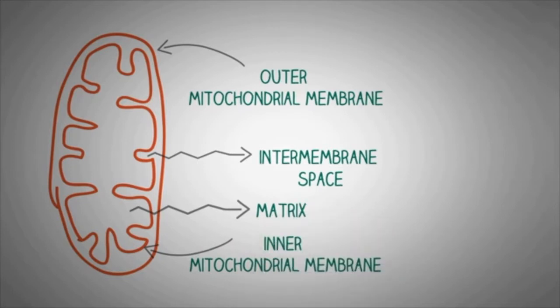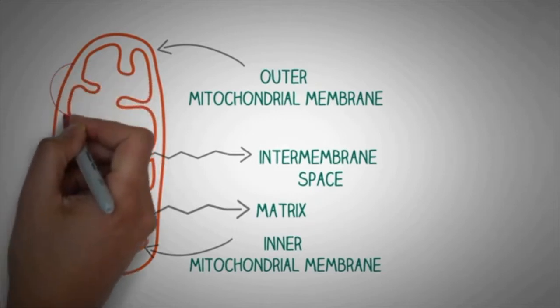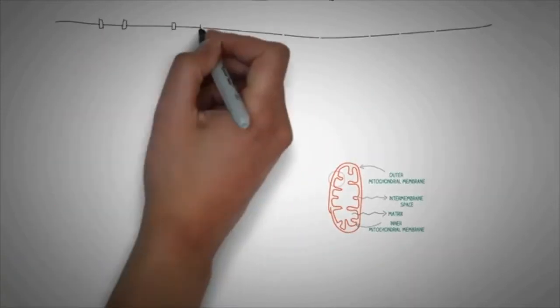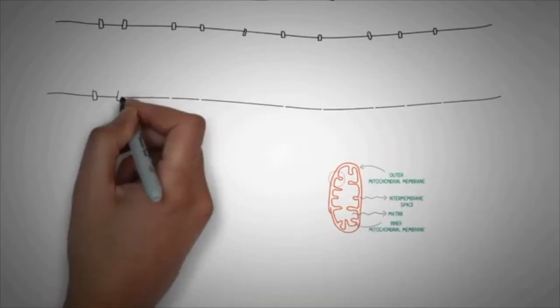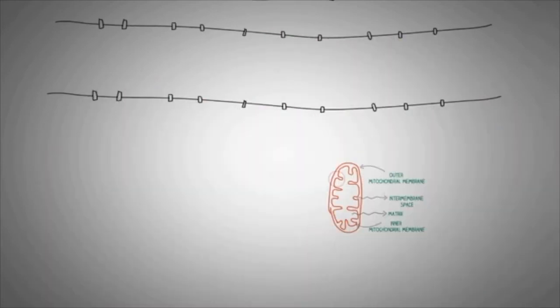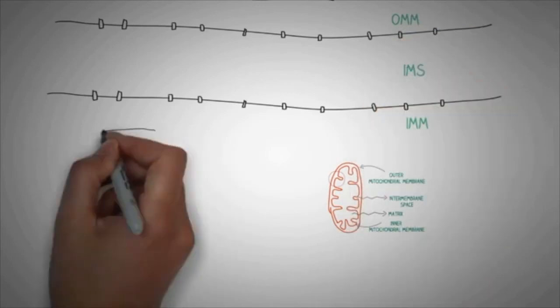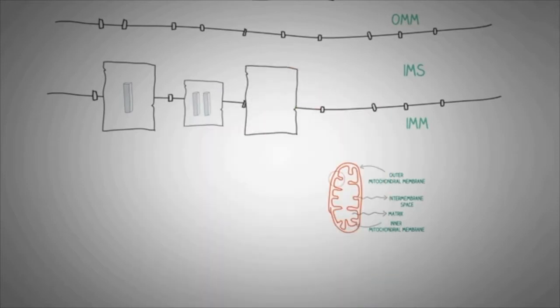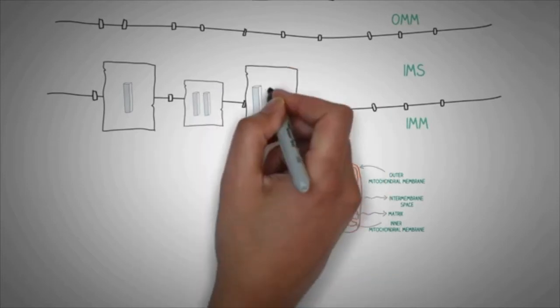If we look at a close section of the membrane structure of the mitochondria, we can see the structure of the electron transport chain. So here we have the outer mitochondrial membrane, the inner mitochondrial membrane, the intermembrane space. The inner mitochondrial membrane contains 4 sets of enzyme complexes which are named from 1 to 4 in Roman numerals.